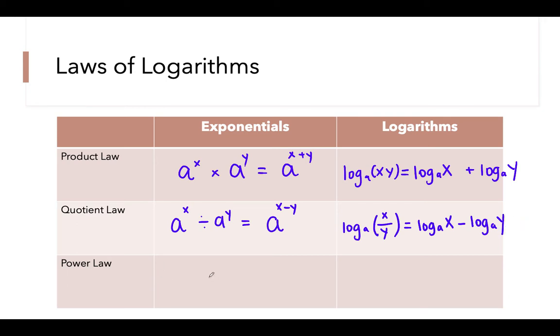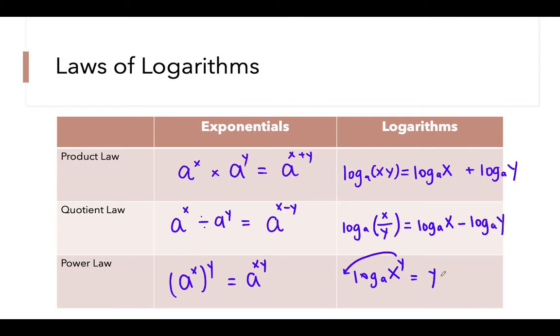Next, we have the power law for exponential. A to the x, to the power of y. When they are right beside each other, you multiply the exponents, xy. Same idea: if we have log base a of x to the y, we can bring the exponent y to the front of the log.